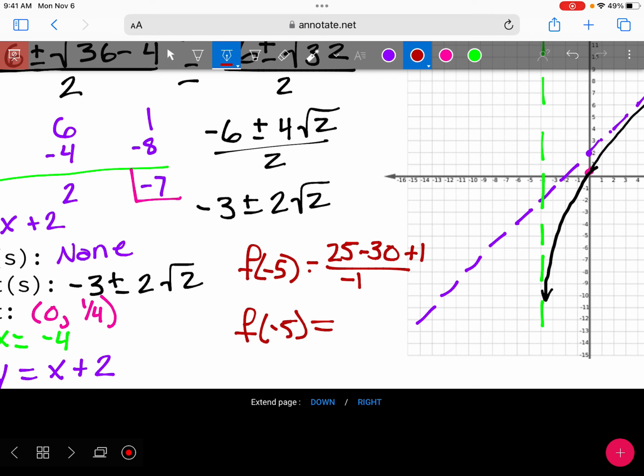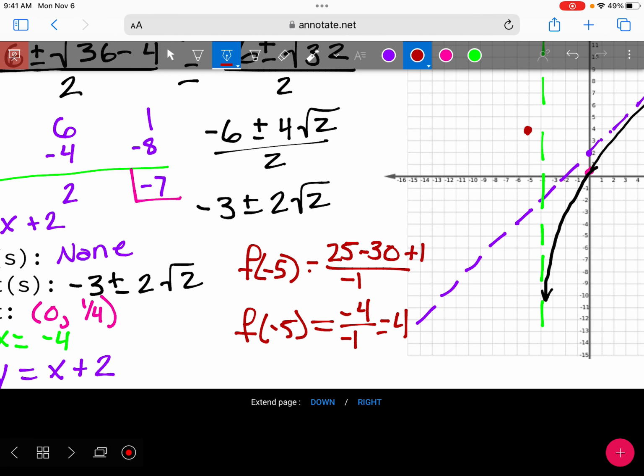F of -5 is 25 minus 30 plus 1 over -1. So it becomes +4. So when x is -5, my y is +4.